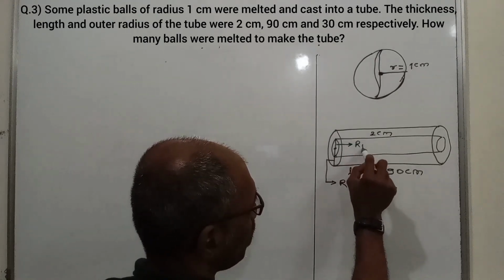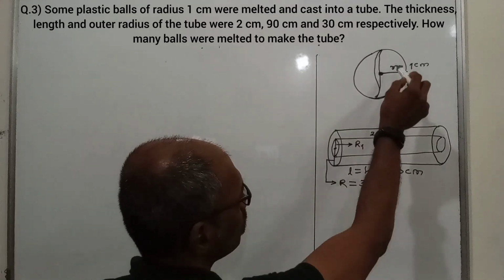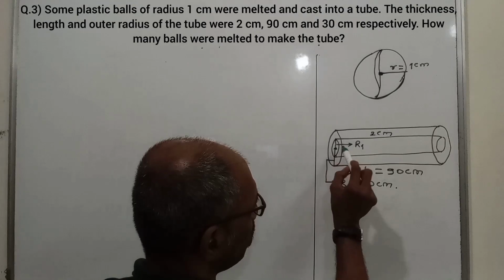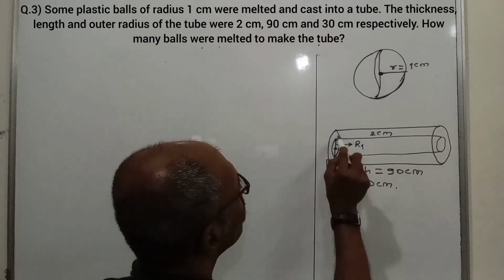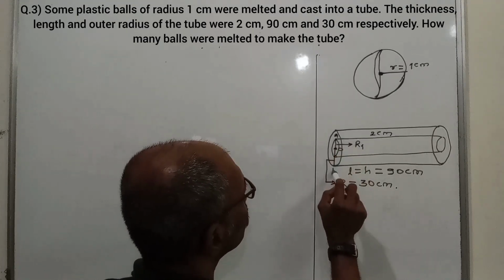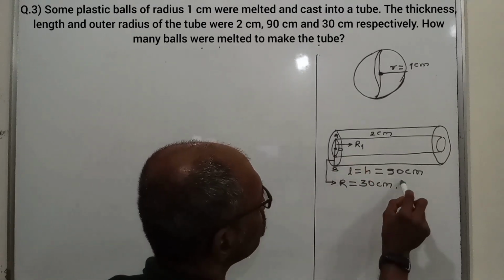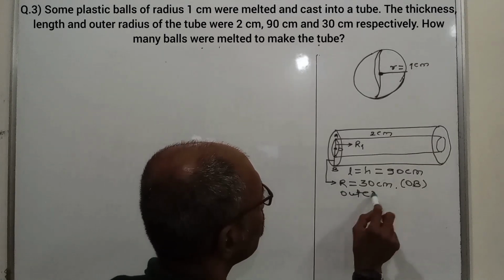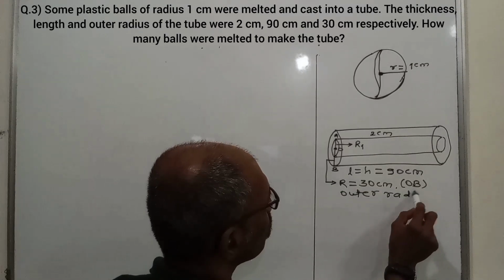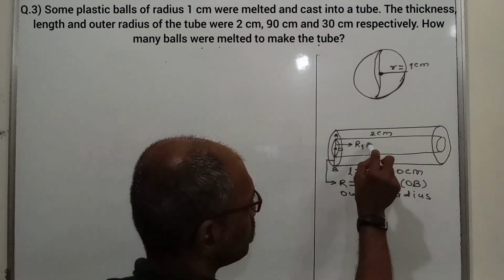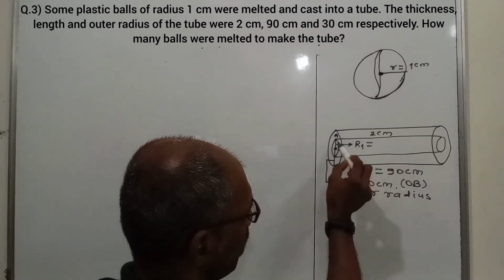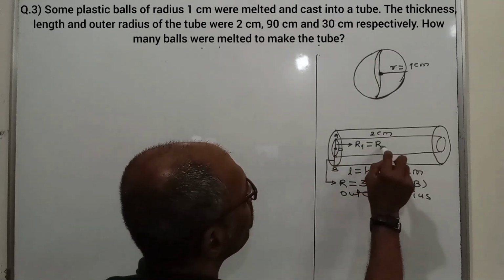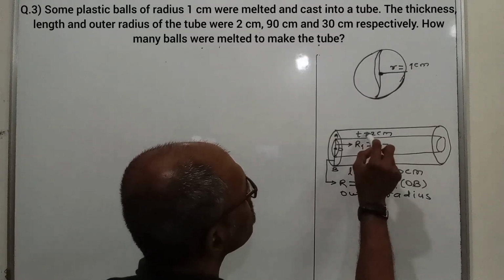We write here capital R1, because here is small r and here capital R. Suppose here O, then here A, and here B, then OB is the outer radius, and this is R1, the inner radius, that is capital R minus thickness.